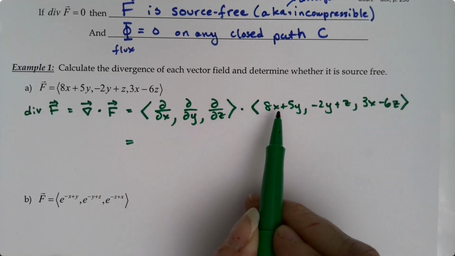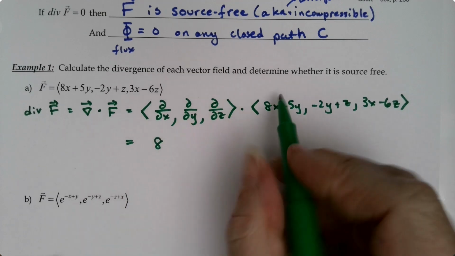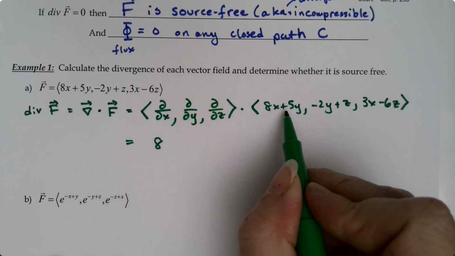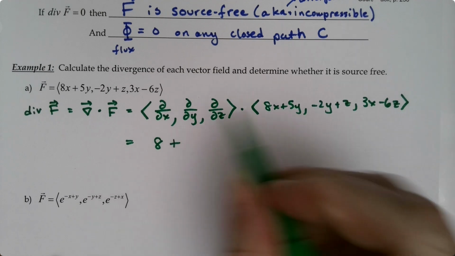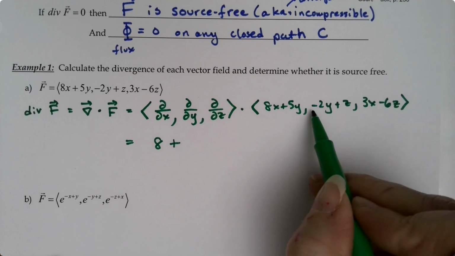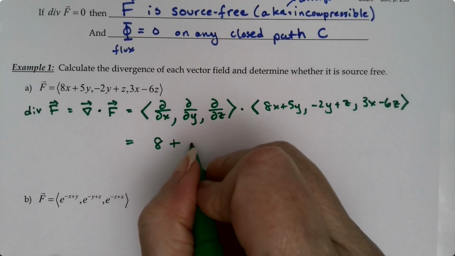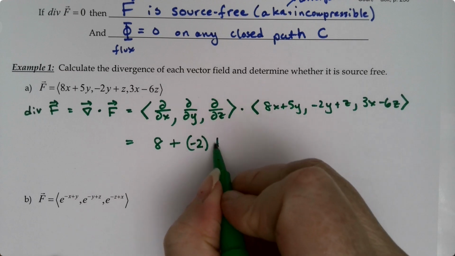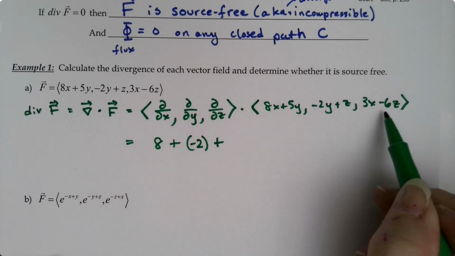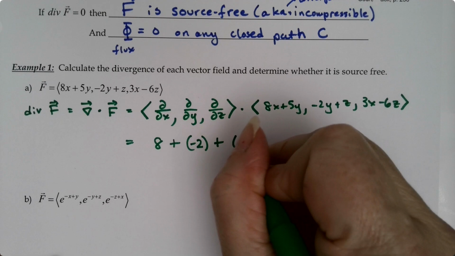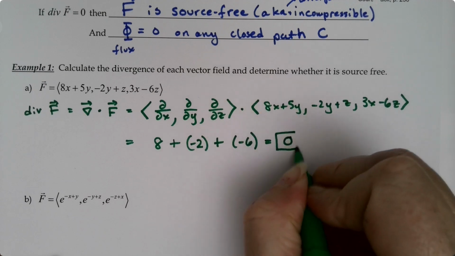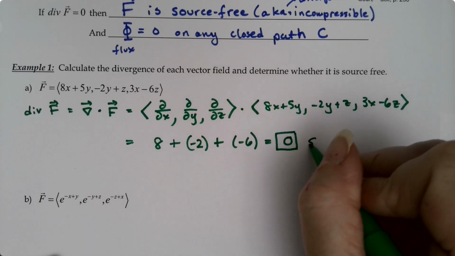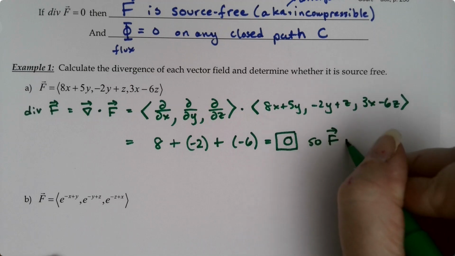The derivative of that is 8 with respect to x, plus the derivative of the middle term with respect to y would be negative 2, plus the derivative of the last term with respect to z would be negative 6. So indeed, this is 0, and therefore f is a source-free vector field.